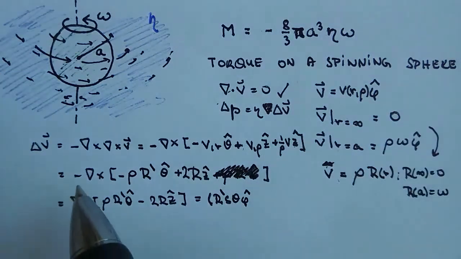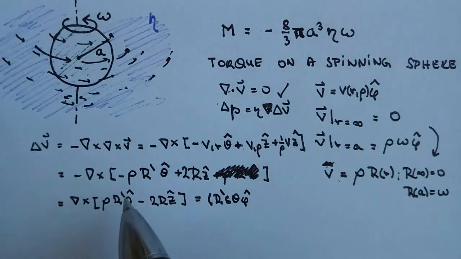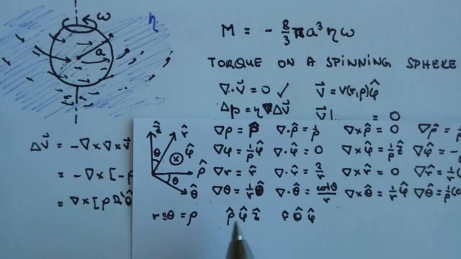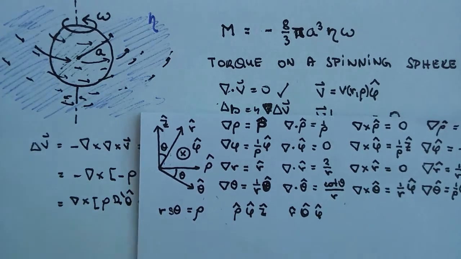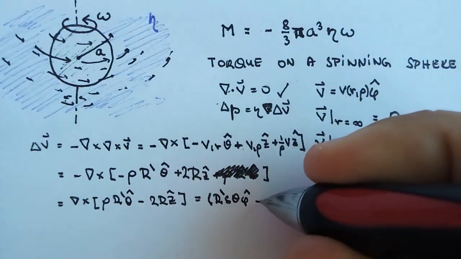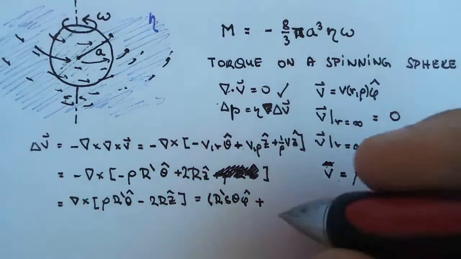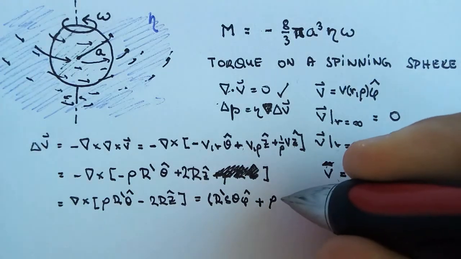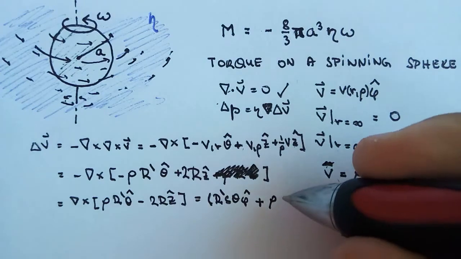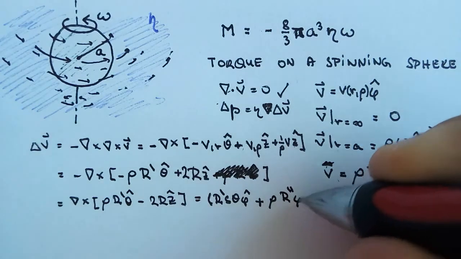The next is nabla acting on r, which is r double prime r hat cross theta, which is plus phi, so it's rho double prime phi.